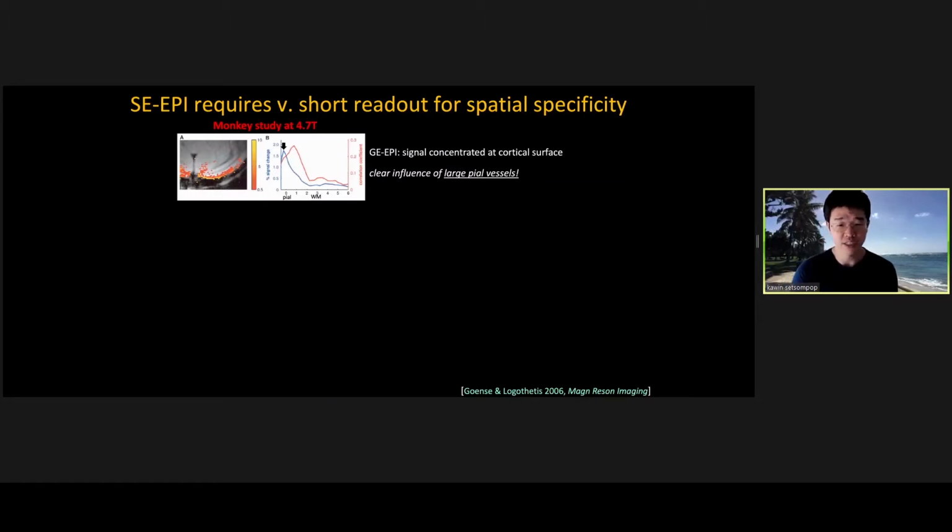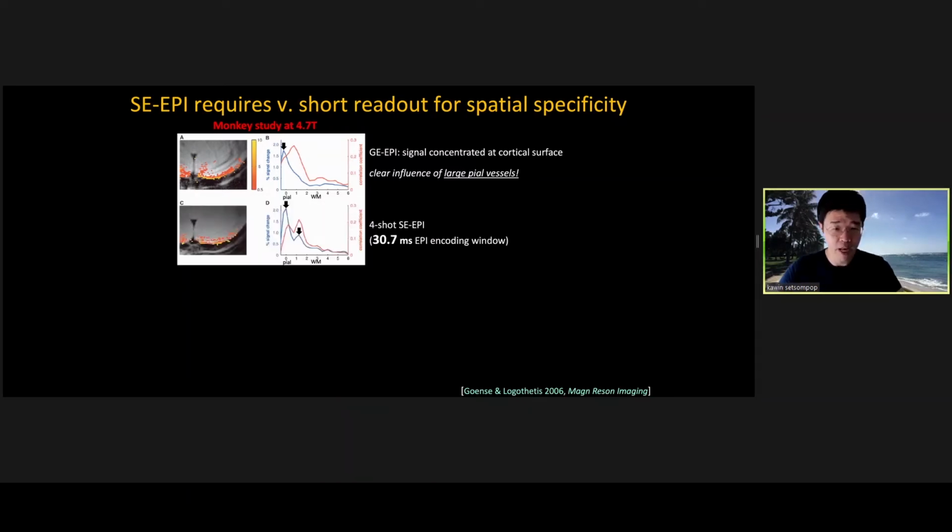This issue has been nicely highlighted by Goense and Logothetis in their monkey study at 4.7 Tesla. Here, if you look at gradient echo EPI, you can see large pial vessel contamination. Moving to spin echo EPI with 4 shots, this contamination is still present because the EPI encoding window is still around 30 milliseconds.